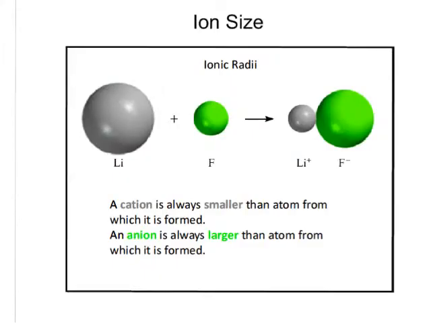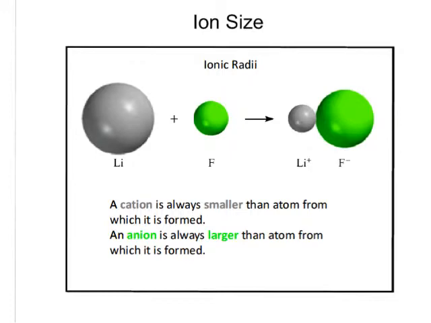One more item to note, and that is just ionic radii and the size of ions. A cation, if you'll remember, is the positively charged ion. One or more electrons have been removed to make that positive. An anion is the negatively charged ion.